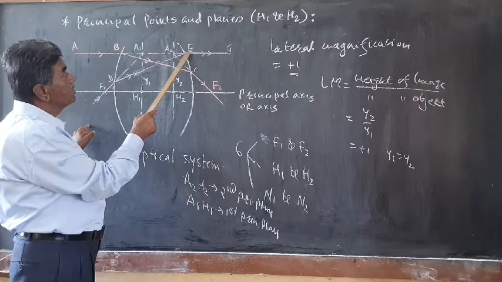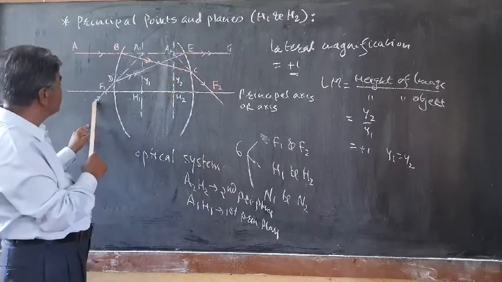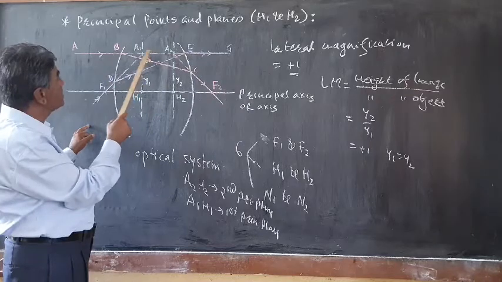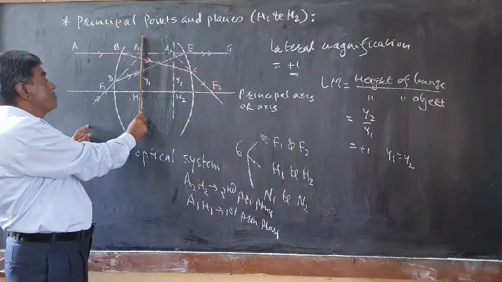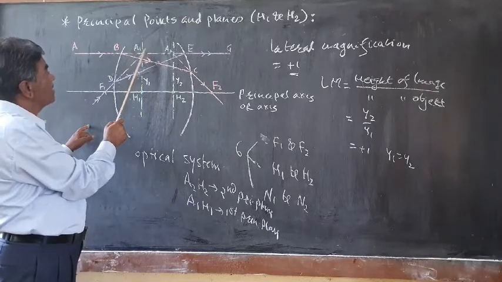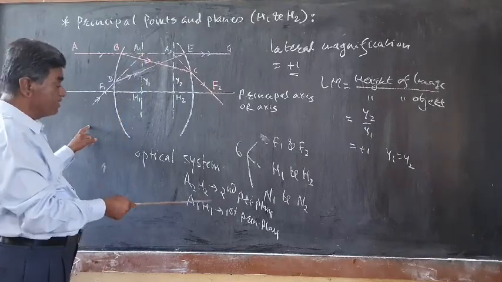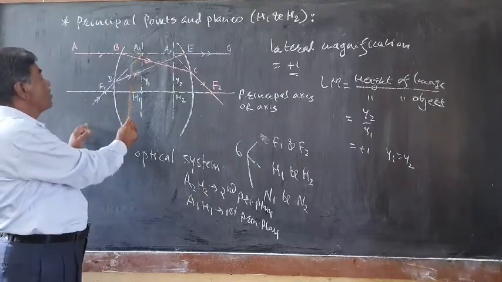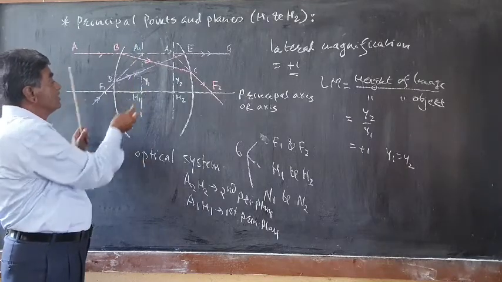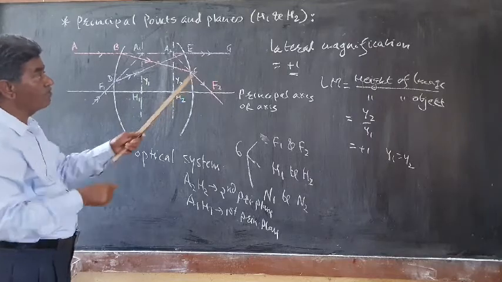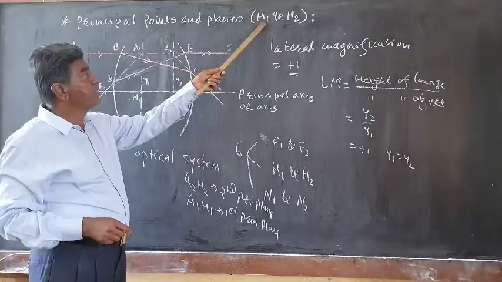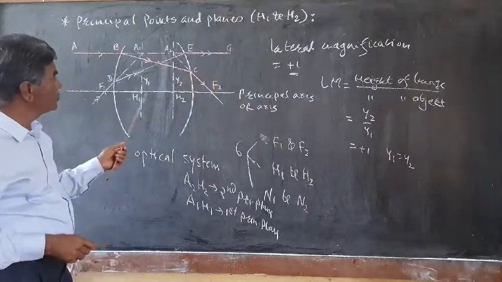When this emergent ray and its incident ray are produced back, they meet at A1. The plane perpendicular to the axis and passing through A1 is called the first principal plane, and its point of intersection H1 on the axis gives the position of the first principal point, H1.